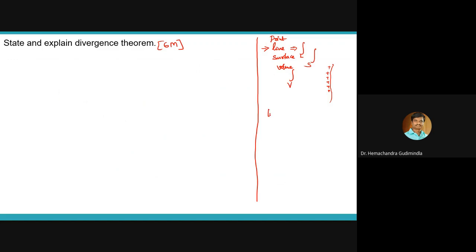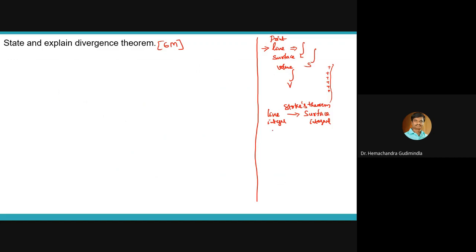If you relate the line integral and the surface integral, that theorem we call Stokes theorem. But as per the VTU syllabus, Stokes theorem is not given in electrostatics. It is very important in magnetostatics, which we will discuss later.